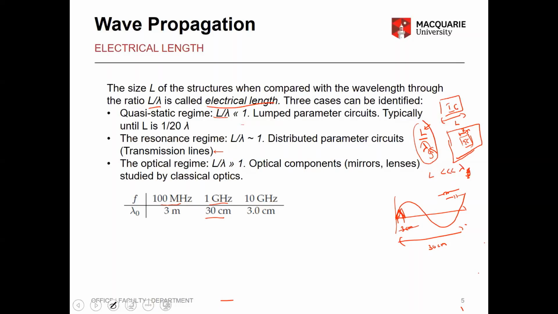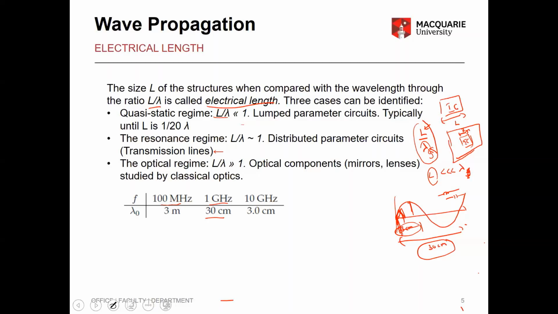If the IC is quite large, you can see at one point of the IC you have one voltage, and at the end you'll have another voltage. So when the IC becomes larger and comparable to the wavelength, it's very difficult to model it as lumped elements. So depending on where you are in the electrical length, if L is very small, maybe 1/20th or 1/10th, even 1/5 sometimes, you can model things as capacitors, inductors.